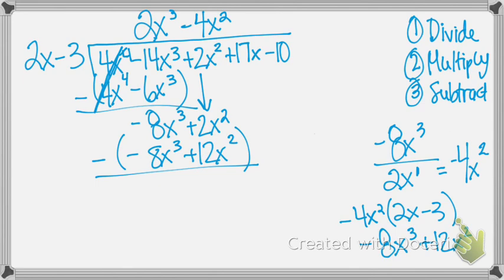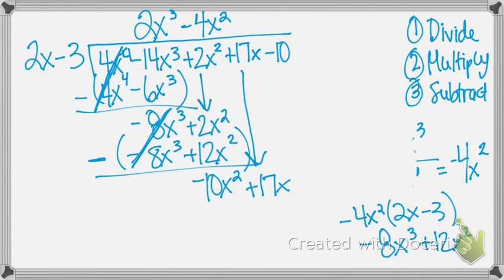All right, now this time these cancel, and I have 2 minus 12, which leaves me with a negative 10x squared, and I'm bringing down that positive 17x.